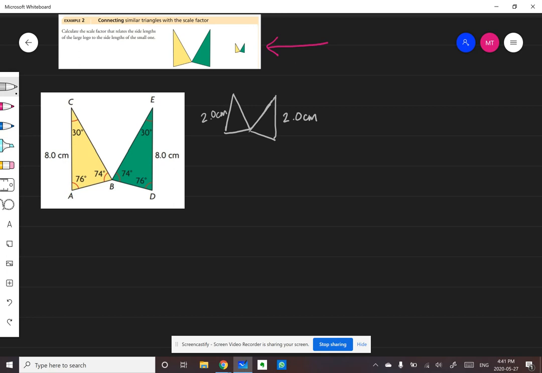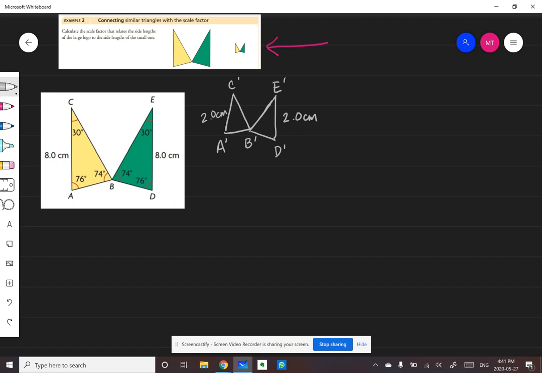And because I know that they are similar, I'm going to label them to make it a little easier for me to reference. I'm going to use the same labels, but again with that little tick mark. That tick mark we read as A prime. So A prime here, B prime, C prime, D prime, E prime on the smaller one.